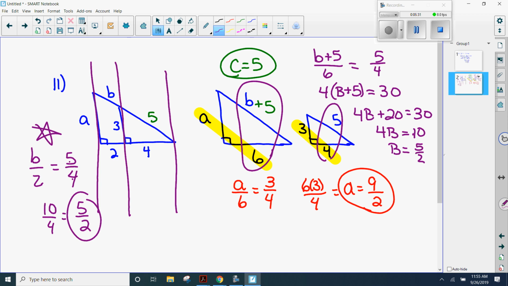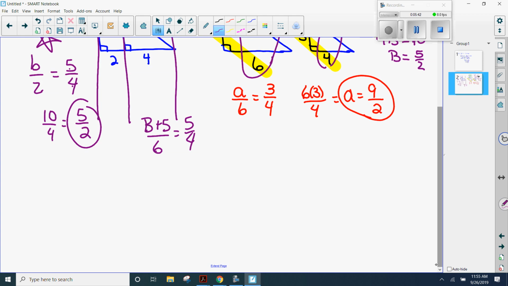The only thing Wilson did was he set up his proportion of B plus 5 over 6 is equal to 5 over 4. So another way you could do it is look at this part right here and just cross multiply and divide. So if you cross multiply and divide, you get 30 fourths. And that's equal to what would be right here, which you'd like to be a single variable, but it's not.